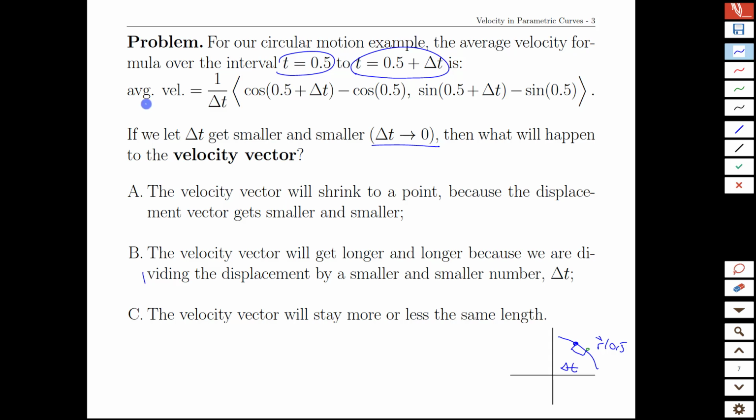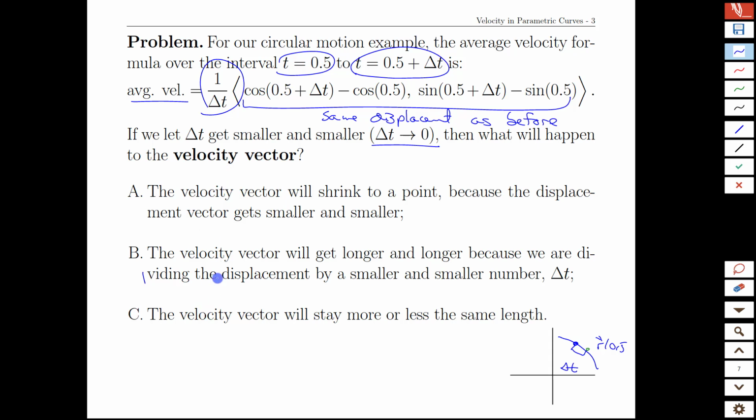And then we ask, what happens to the average velocity function as the time interval gets smaller and smaller? Notice that this is the same displacement we had before. The only difference is we're now taking that and we're dividing it by delta t. So we get displacement divided by time interval.